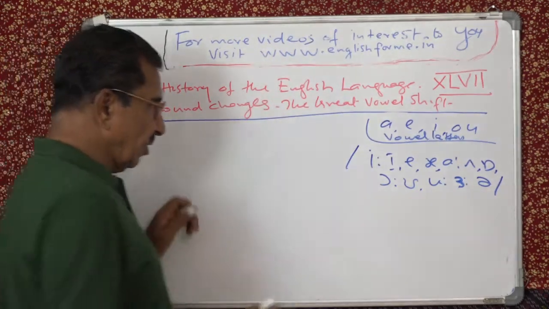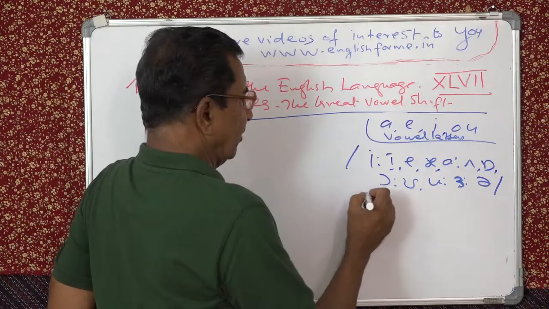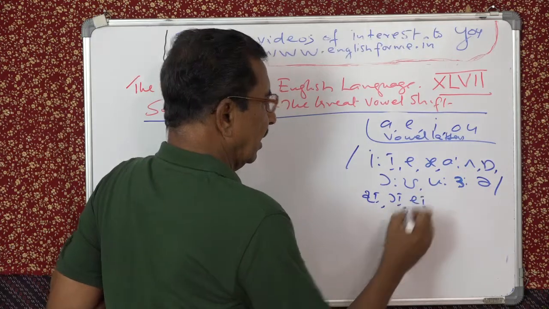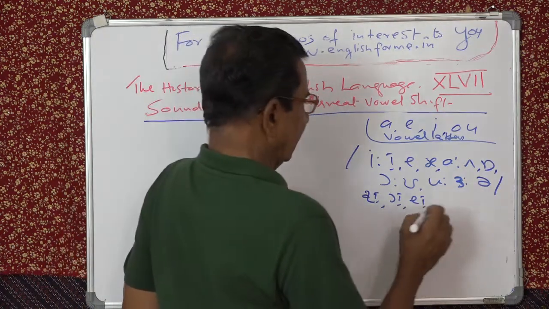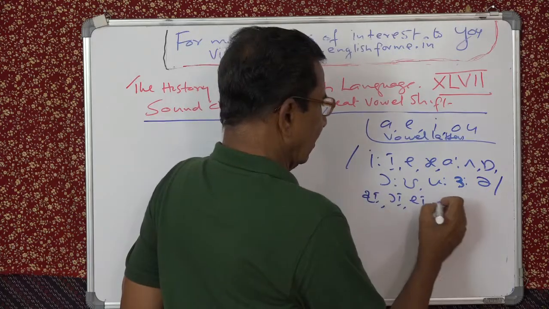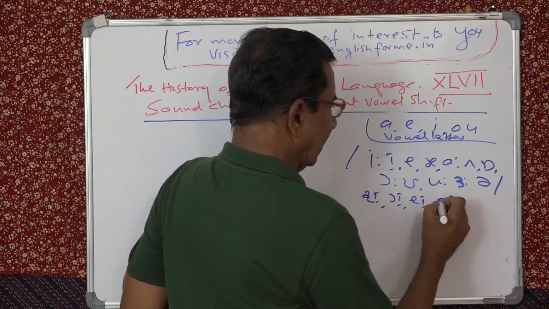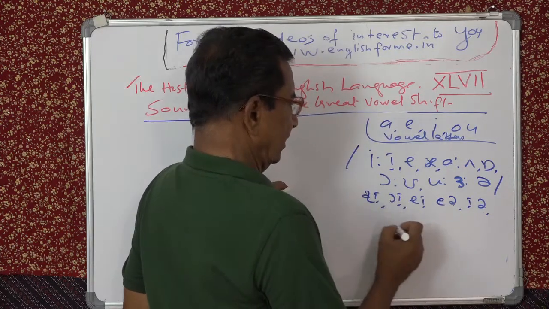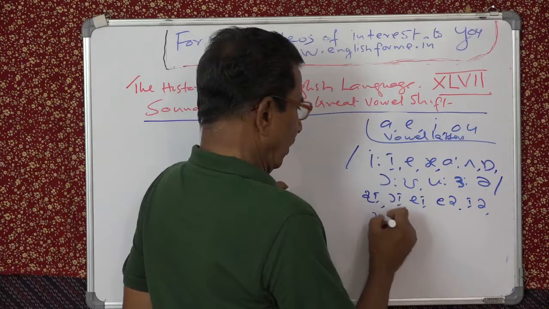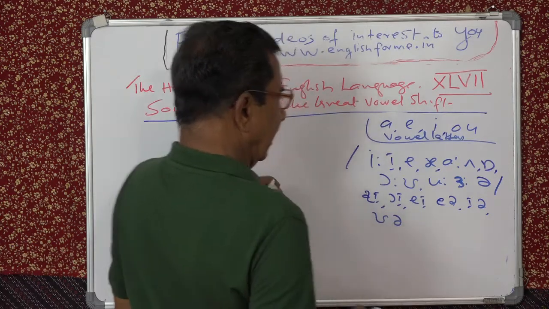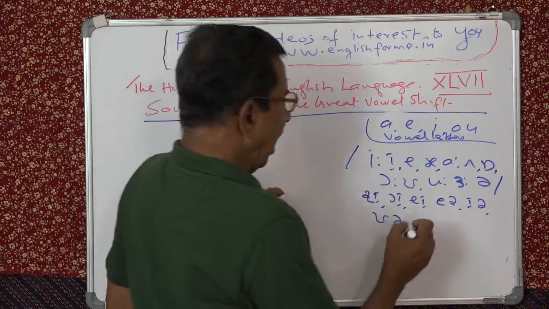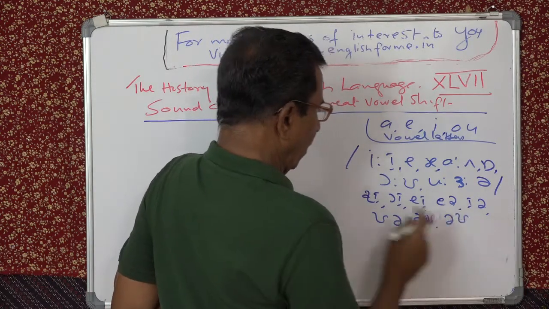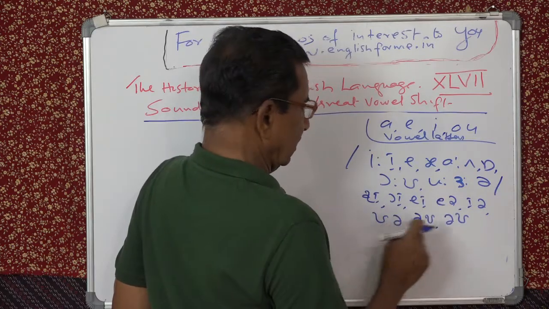Then you have 8 diphthongs. 1, 2, 3, 4, 5, 6, 7, 8.